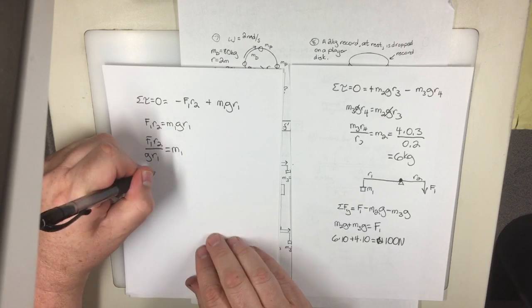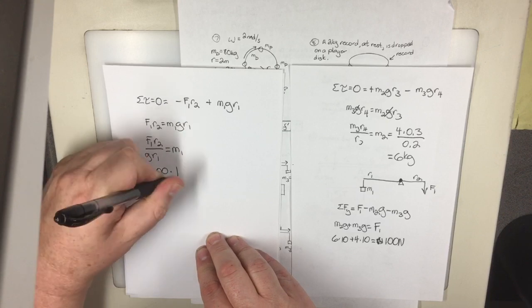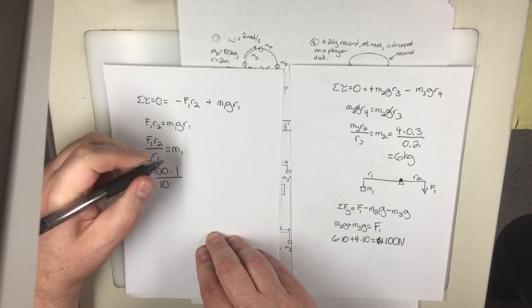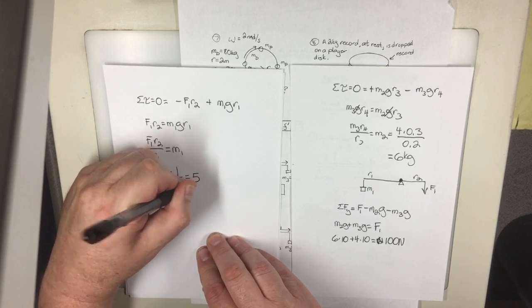And so we get 100 times R2, 1, 10 R1, 2, which gives me 5.